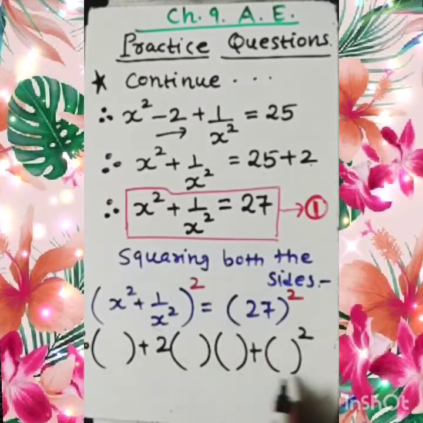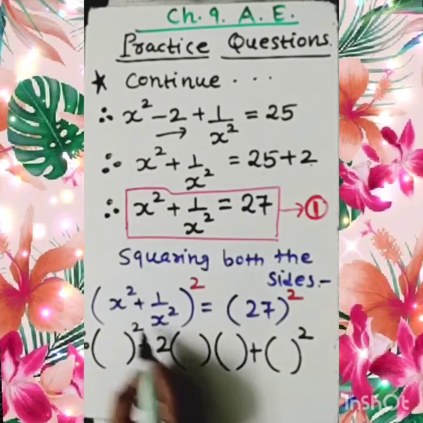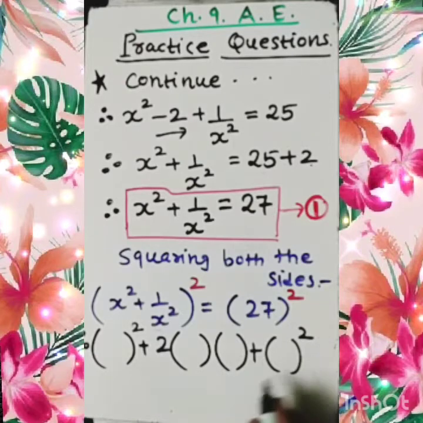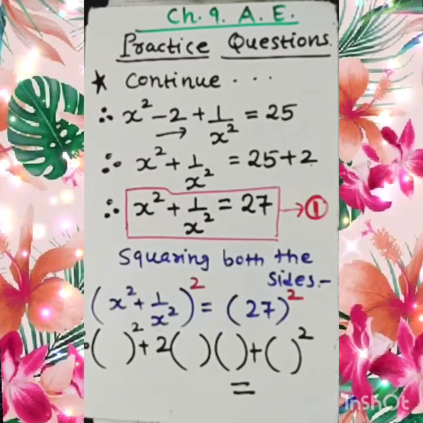This is the application of the first identity you know very well: A plus B whole square equal to A square plus 2AB plus B square. Now what is 27 square? If you multiply 27 into 27 in your rough column, you will get 729. You can multiply it in the rough column.